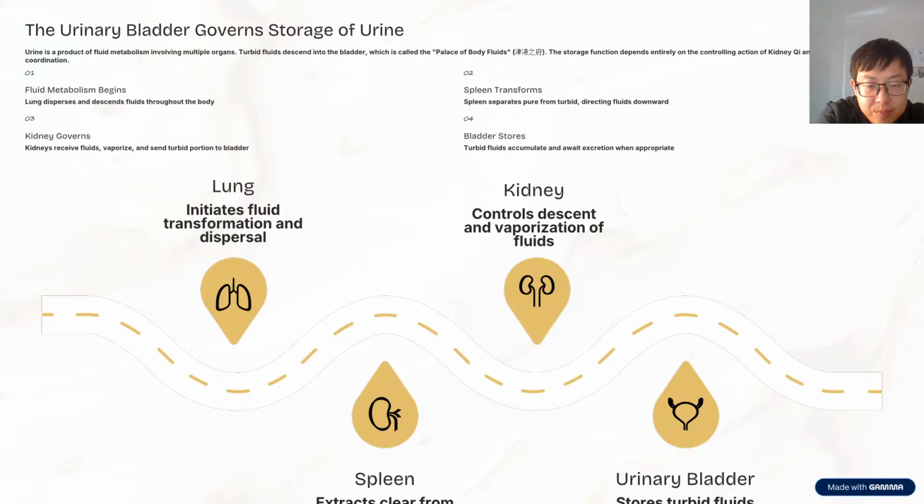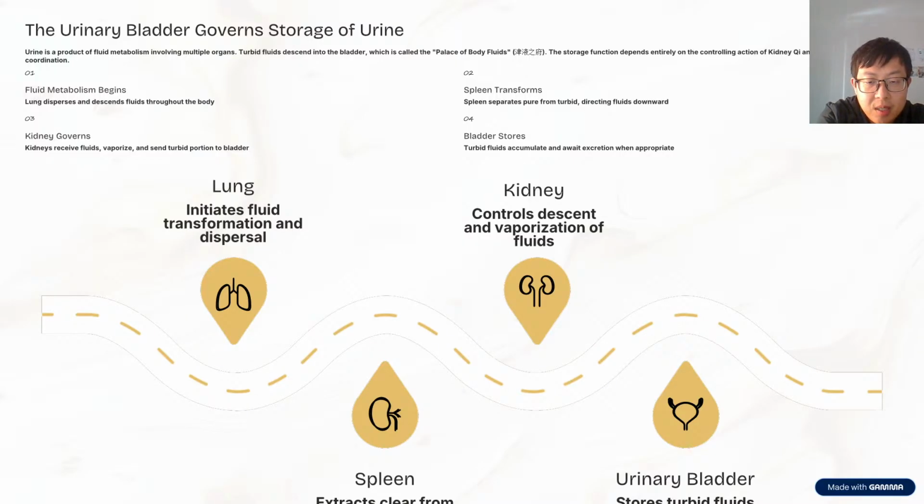The lower burner is below the belly button, including the kidney, large intestine, bladder, and uterus. It acts like a drainage ditch, responsible for excretion, water metabolism, and reproductive functions.